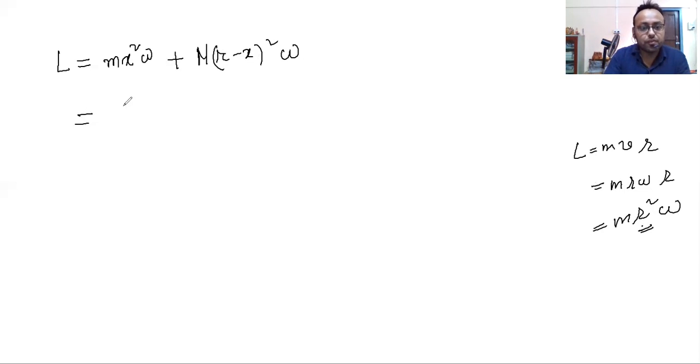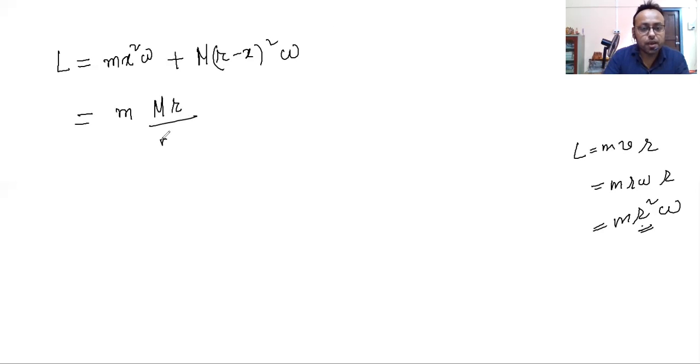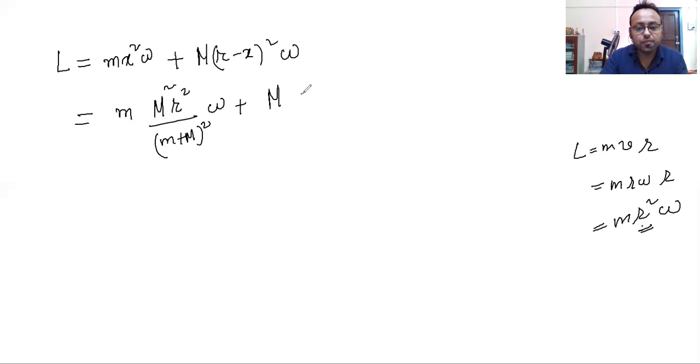Now you can put the value of x here. Small x is, yeah, M r by m + M. So m times M r by m + M, all squared, with omega, plus capital M times, for r - x, which was m r by m + M, all squared, with omega. Now we'll get some common terms.